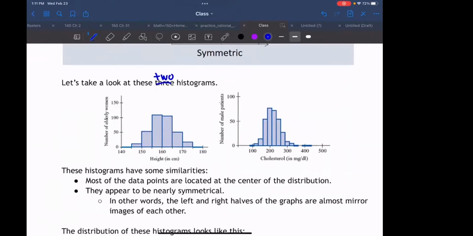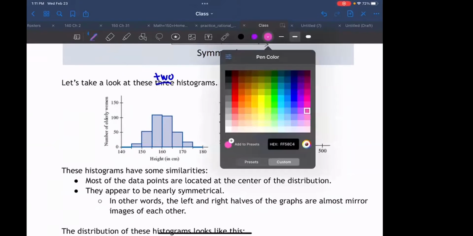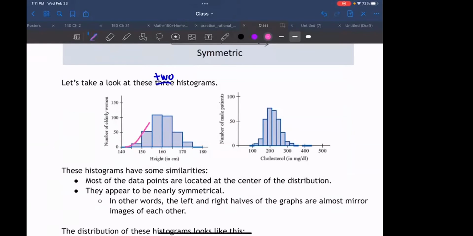If we were to draw a distribution, let me choose a different color here, it looked like this and something like this, right? So most of the data points are at the center. They seem to be a little symmetrical, which means the left side would pretty much be the right side.